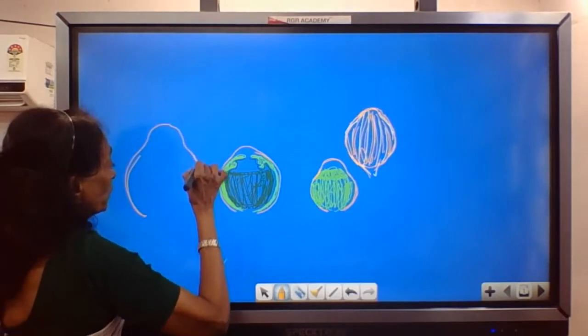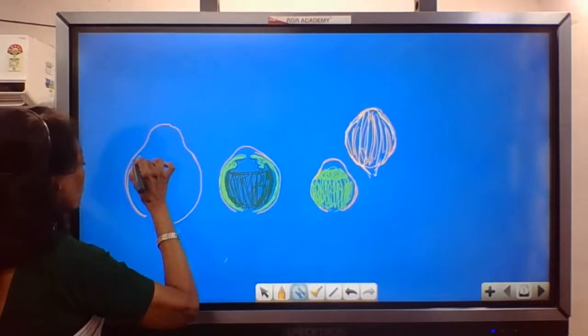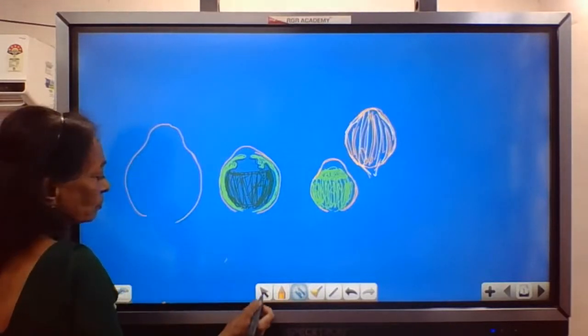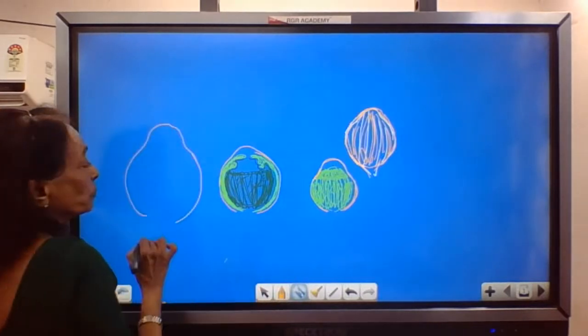Now this is purely diagrammatic for you to understand only. Now this is the first one. I have removed, so anterior pushes out.